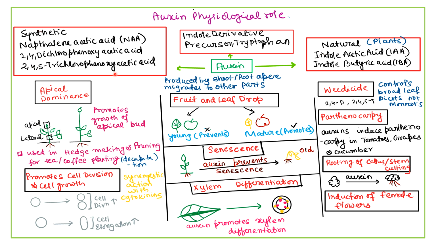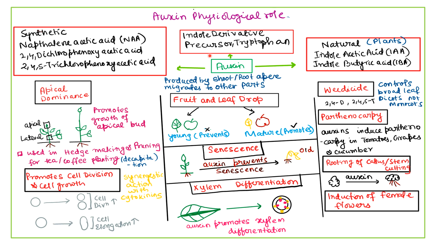Example of synthetic or man-made auxin is naphthalene acetic acid or NAA, 2,4-dichlorophenoxyacetic acid or 2,4-D, and 2,4,5-trichlorophenoxyacetic acid or 2,4,5-T in short. Okay.